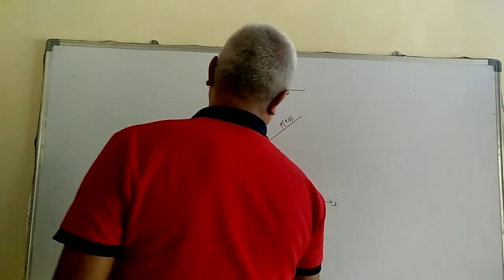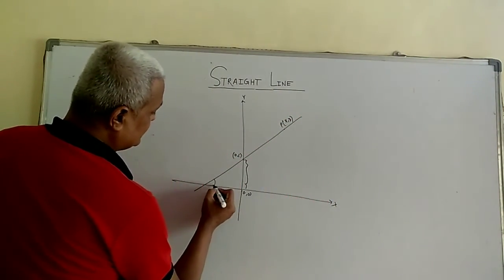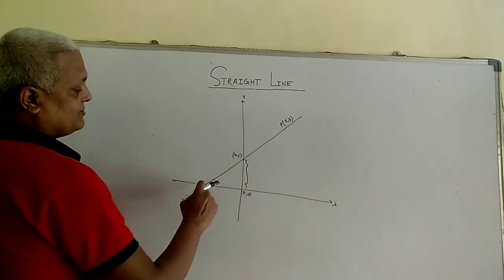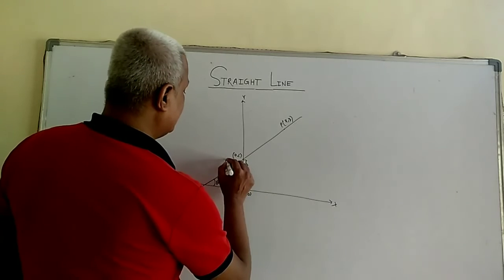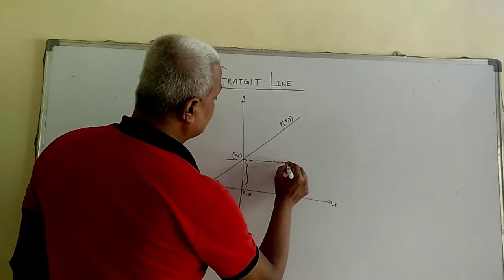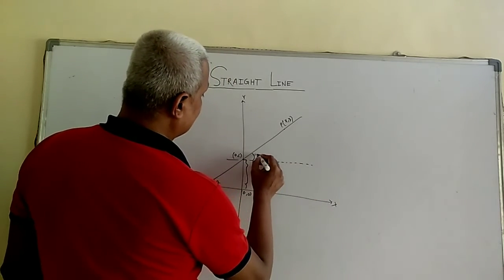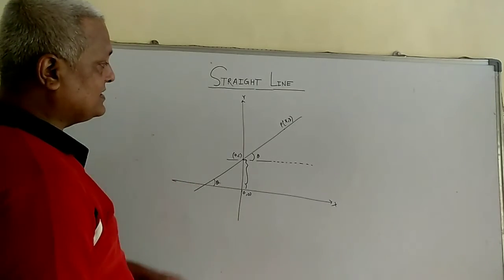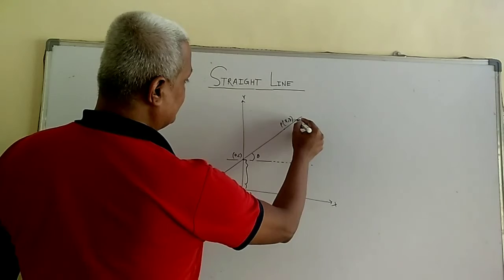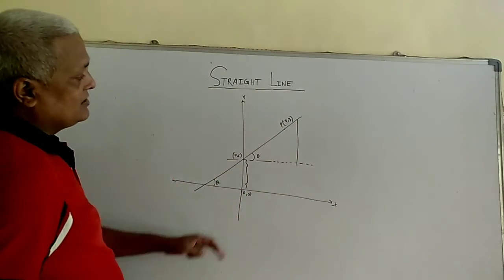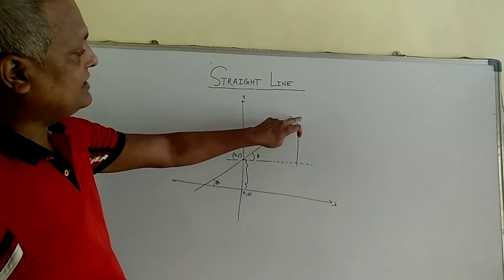So using again the very same concept, suppose this line is making angle theta with the positive direction of the x-axis. If I draw a line parallel to the x-axis, this angle will become the corresponding angle and this value becomes theta. Suppose this point is not here, it's here. Make my diagram a little bigger. So P is not here, P is just here.